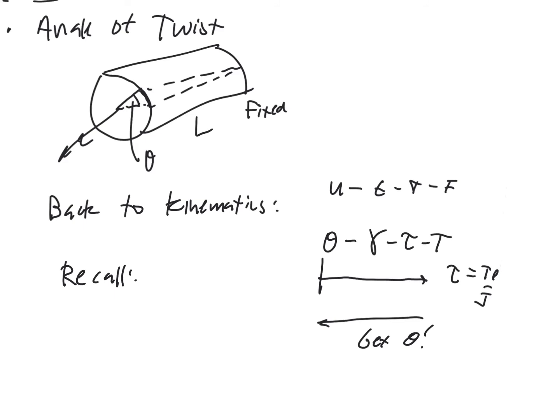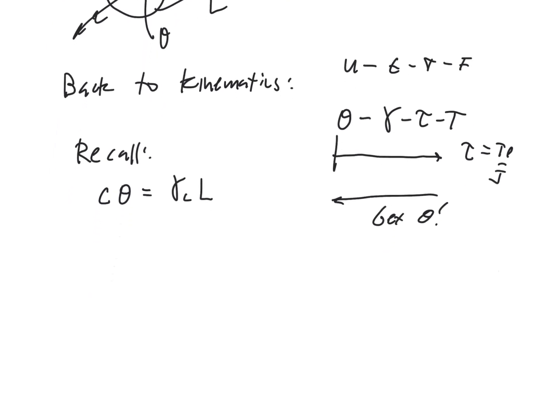We had that arc length at the outermost fiber would be C times theta, equal to gamma at C multiplied by L. That would be at the outermost edge of the cylinder. But then we also made that interior cylinder inside, and we had that rho times theta was equal to the shear strain at any radius multiplied by the length. So we actually derived those just by using our basic kinematic model about the nature of the deformation.